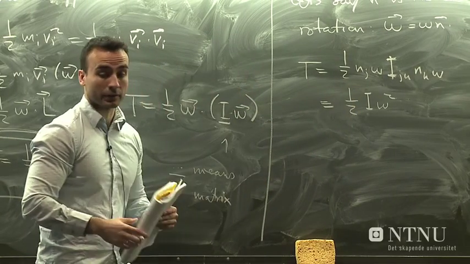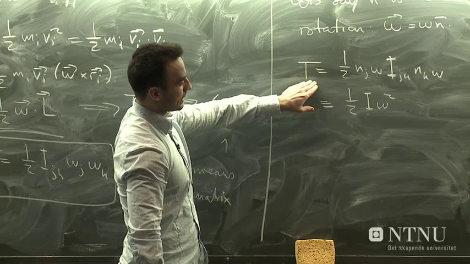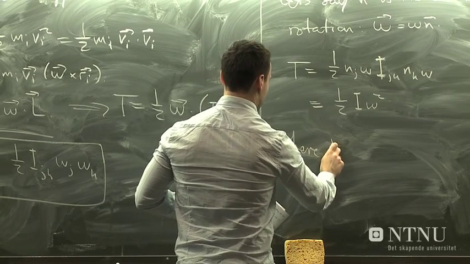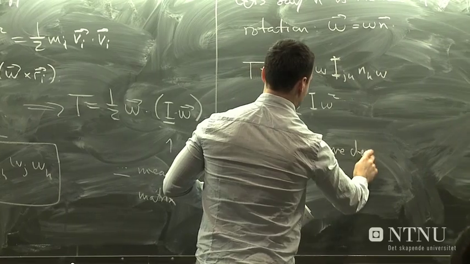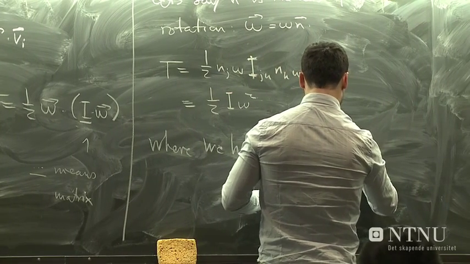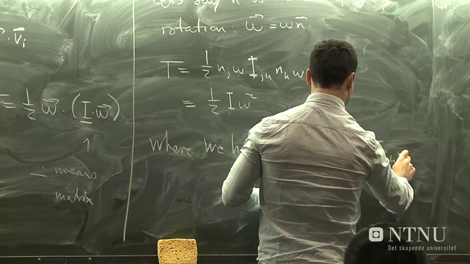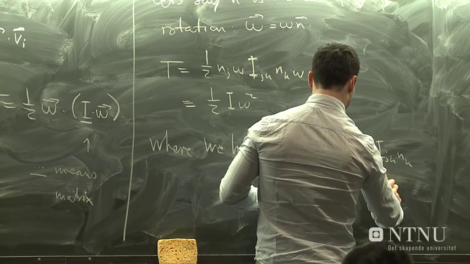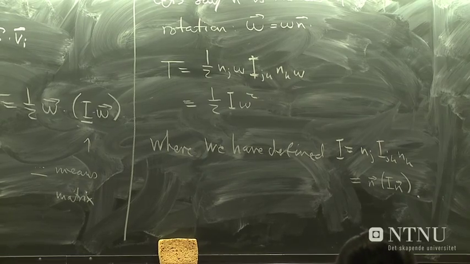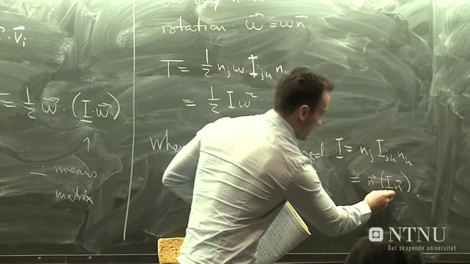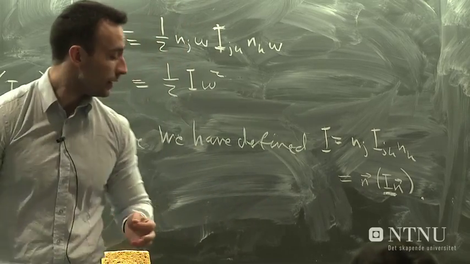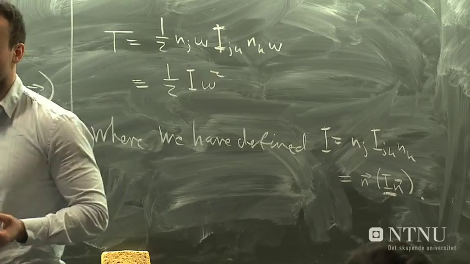So by writing the kinetic energy in this way, we can relate T to 1/2 I omega squared, where I've introduced this quantity I. This quantity I, should be under the bar here since it's a matrix, is given as the scalar product between the unit vector n and In, where I underline is the matrix of inertia.